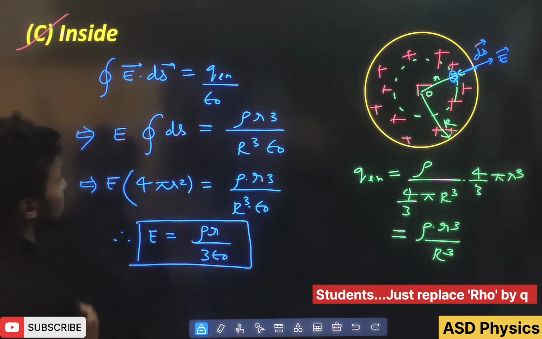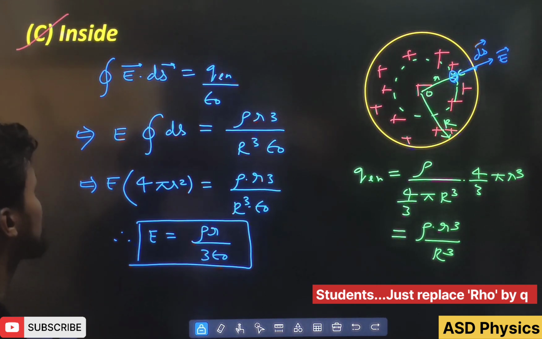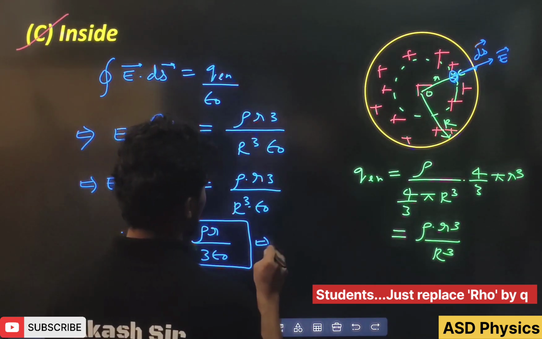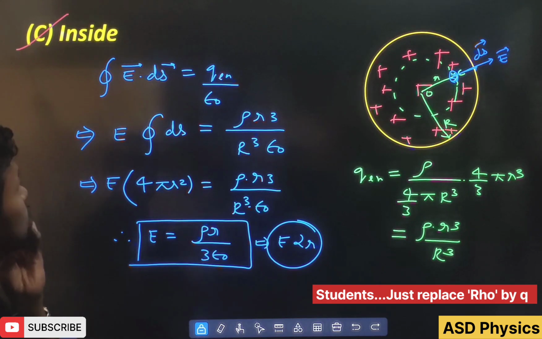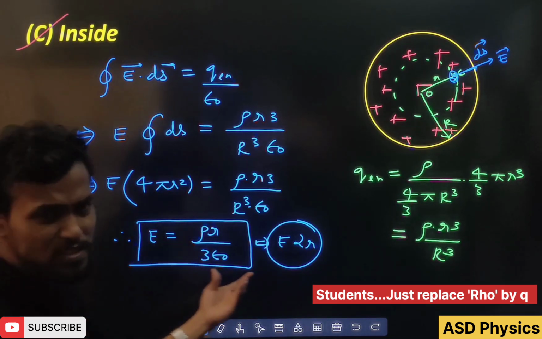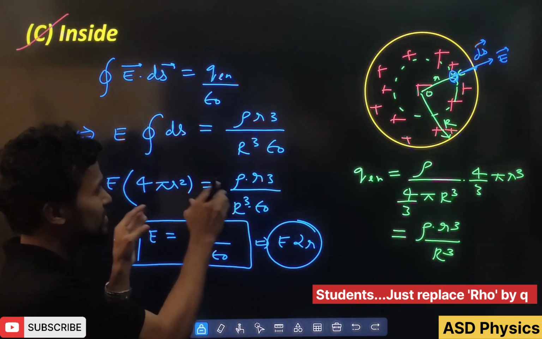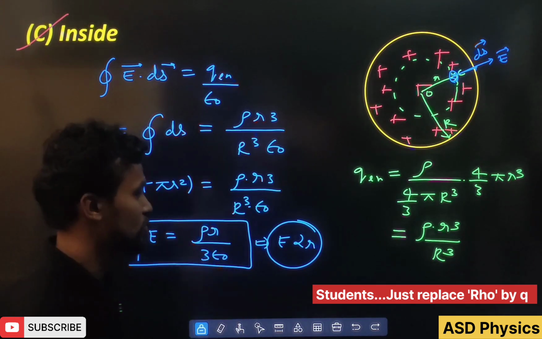Just check whether the 4 pi is there or not. Here the electric field will be directly proportional to r. Just check the calculation, no problem.